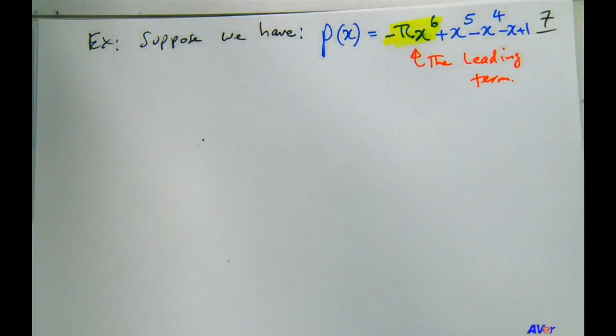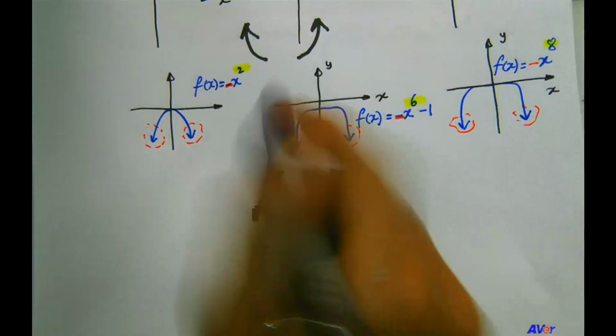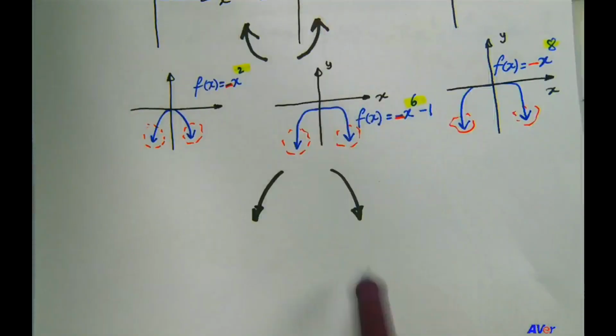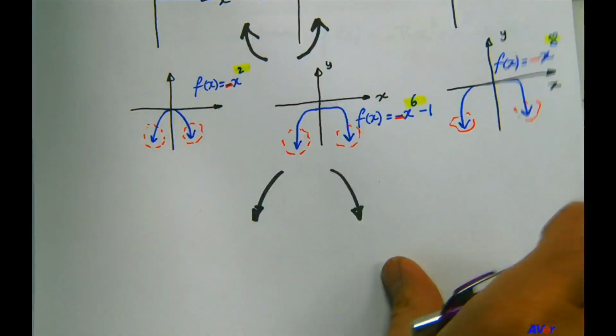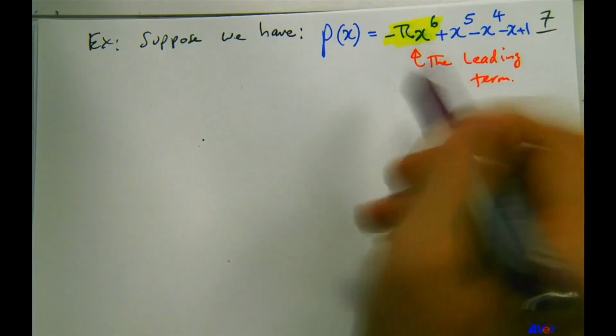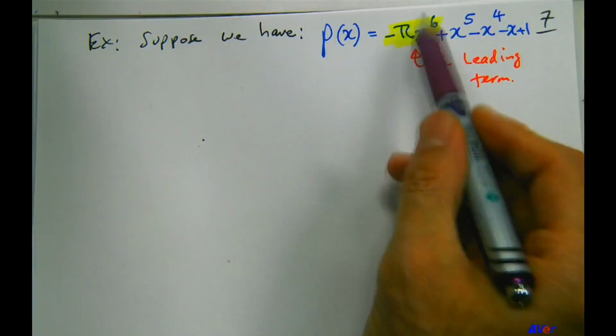So that means we would expect, let me bring this slide back, this kind of behavior where the end behavior is pointing in the same direction, either up or down, both ends, right? Okay, so in that case, which one is this? Are they pointing up or down?